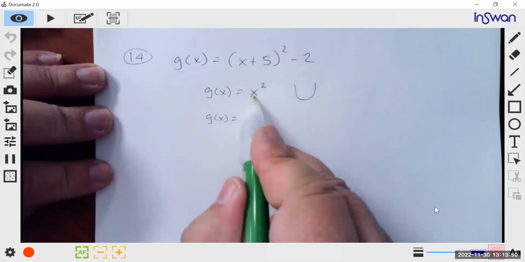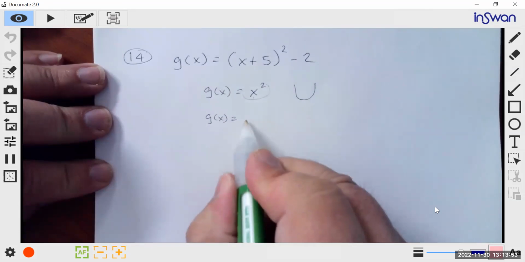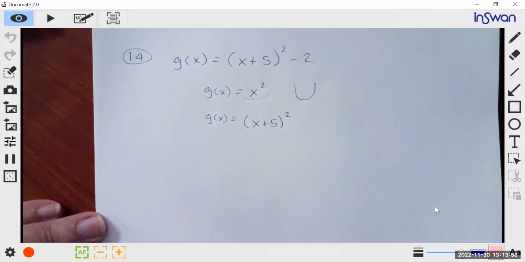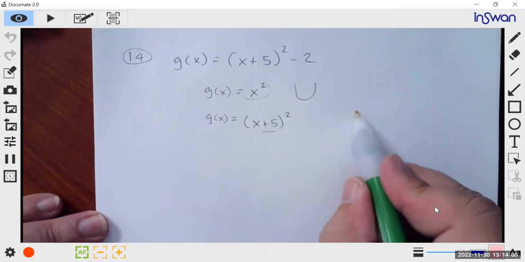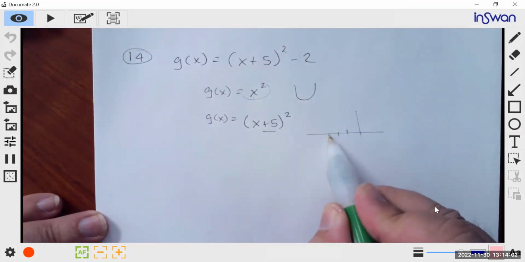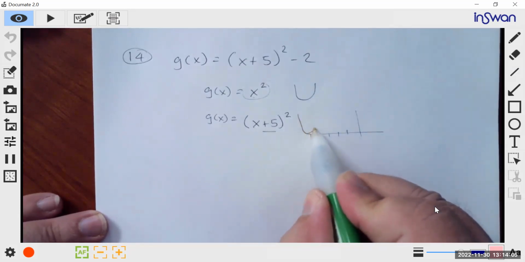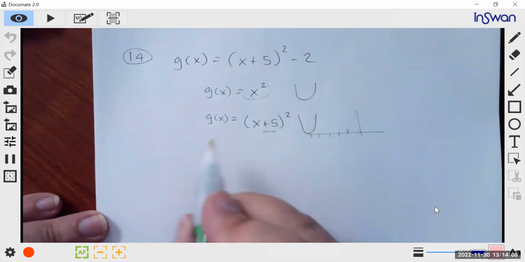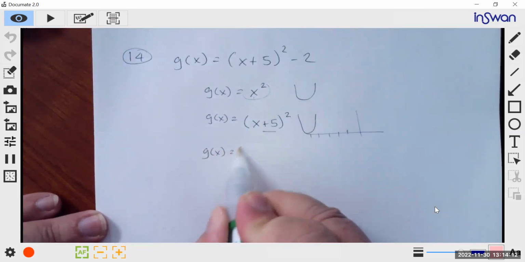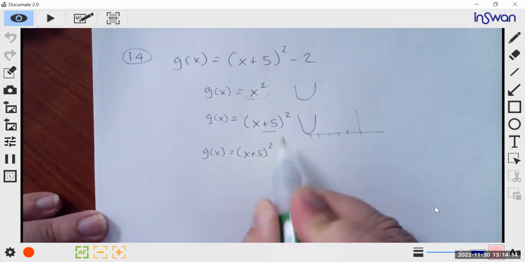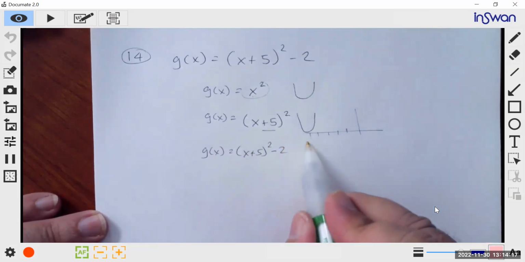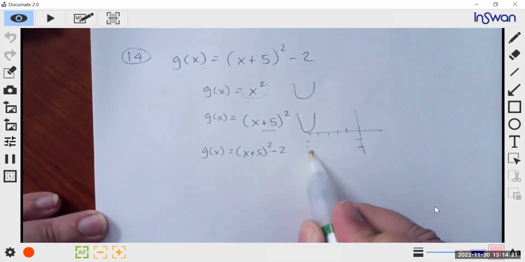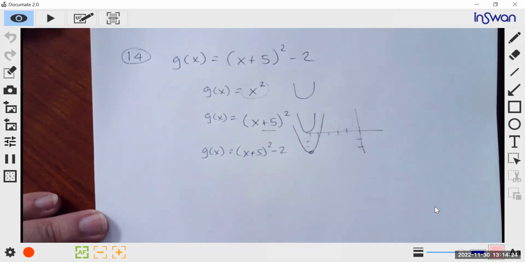What's the first thing we do when it goes from here to here? It's a horizontal shift. It shifts to the left 5 spaces, because whenever it's inside the parentheses, it's always the opposite. And then it goes down 2 spaces. It goes down to here and just opens up. There's the graph.